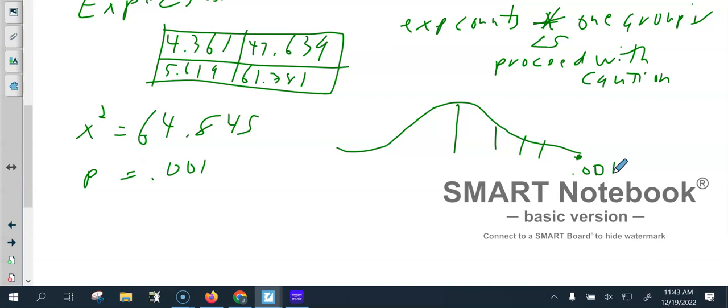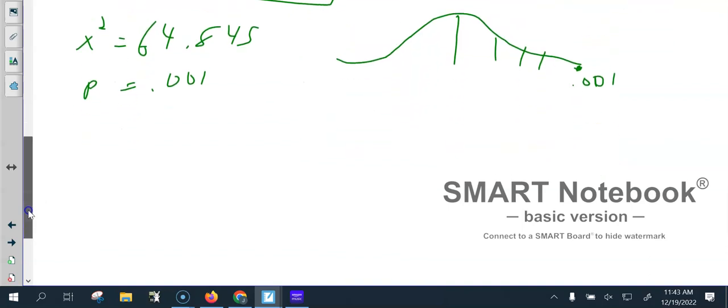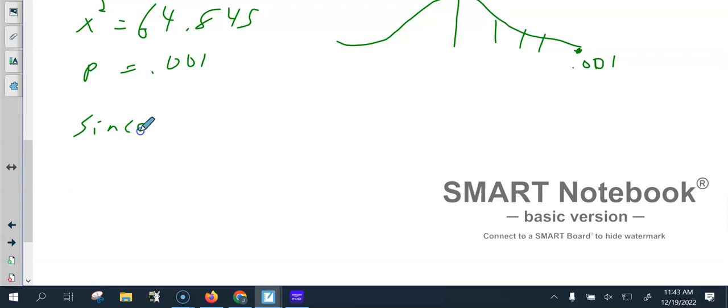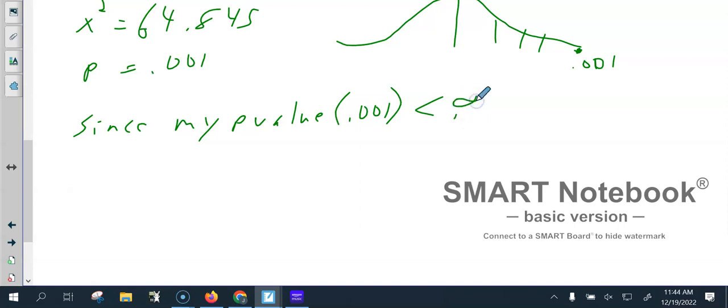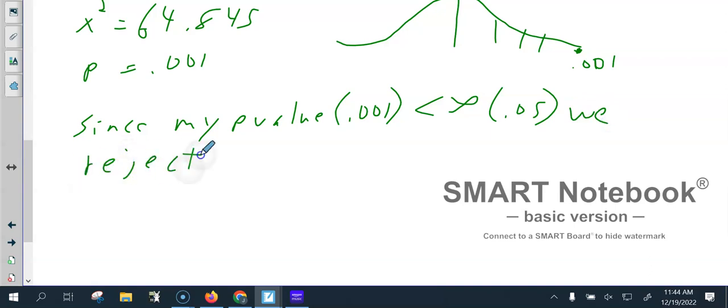And then we go with our statement. Since my p-value, which was 0.001, is less than alpha, nope, going the wrong way, which is 0.05, this time we are rejecting the Ho, the null hypothesis.